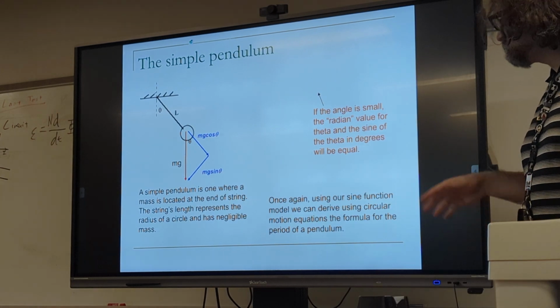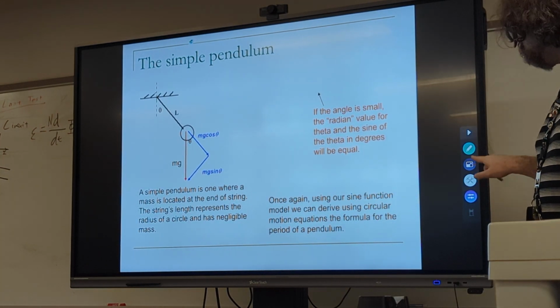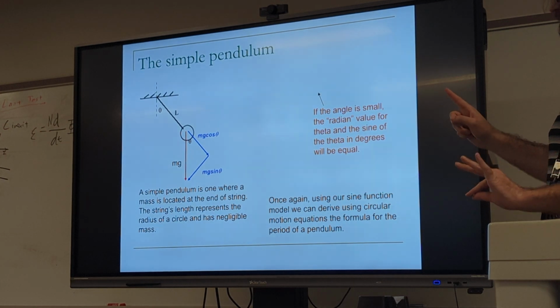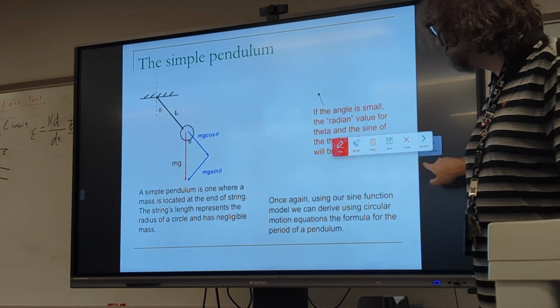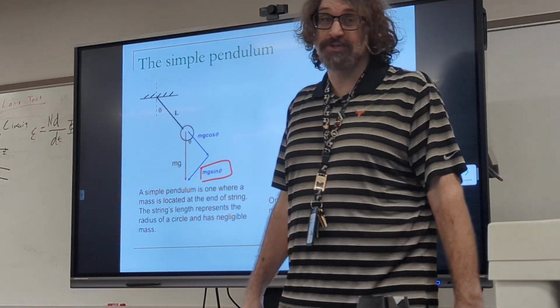All right. Simple pendulum. So we have a simple pendulum. What is the restoring force for a simple pendulum in this case? It is mg, but it's the sine component of mg.